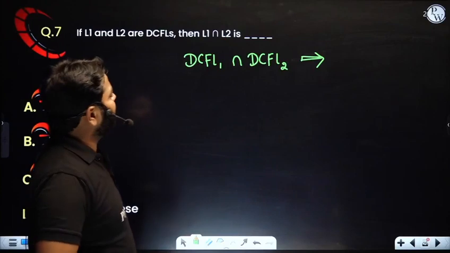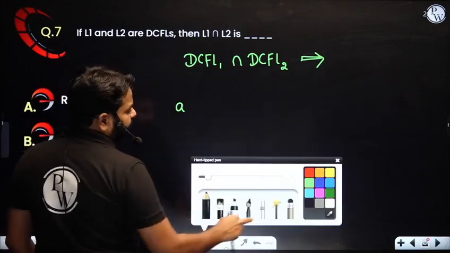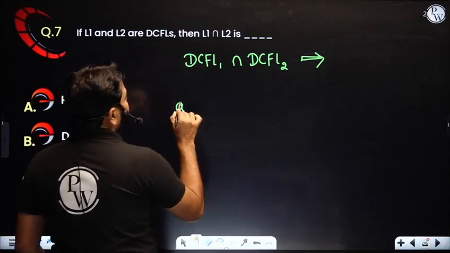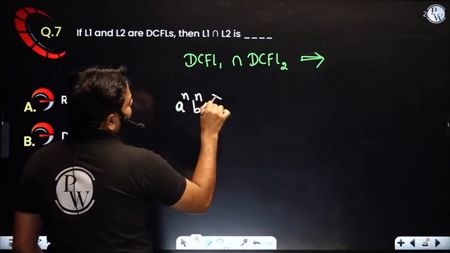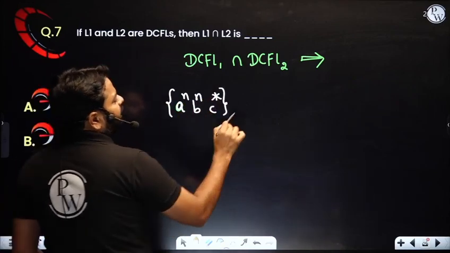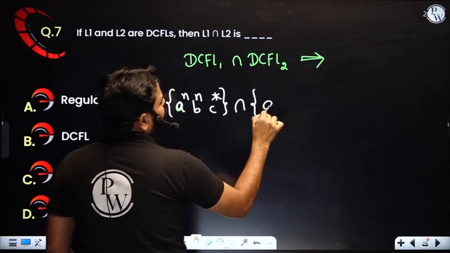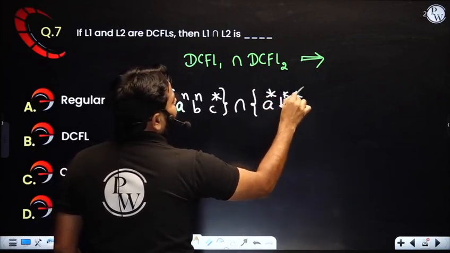So now I'm going to take an example here. You already know a power n, b power n, c star. This is one language, where n is anything. Intersection with a star, b power k, c power k.